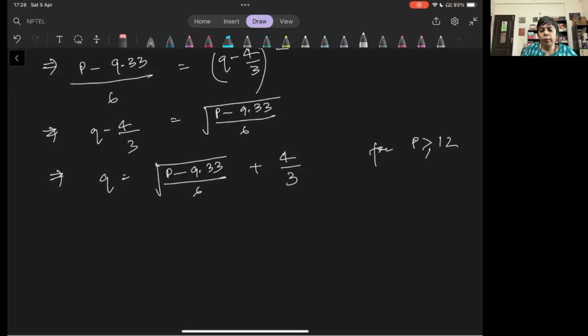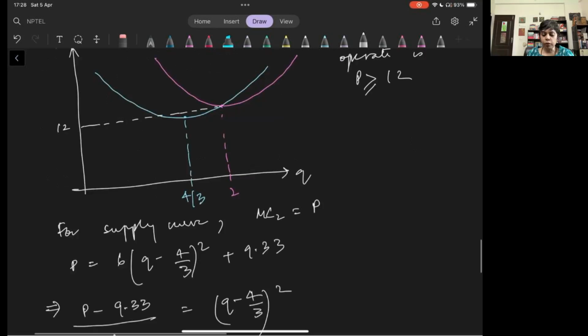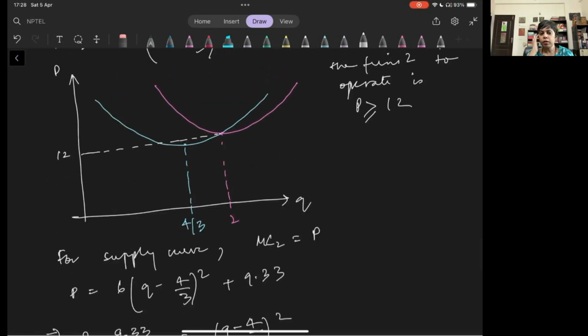All we have done is calculate the average variable cost curve and the marginal cost curve for both the firms, and we have checked the condition for which prices the firm is going to operate. We know that the marginal cost curve intersects the average variable cost curve at its minimum, which is why we find the minima of the average variable cost curve, because to the right of that minima point, you can see in the diagram, the marginal cost curve is above the average variable cost curve.